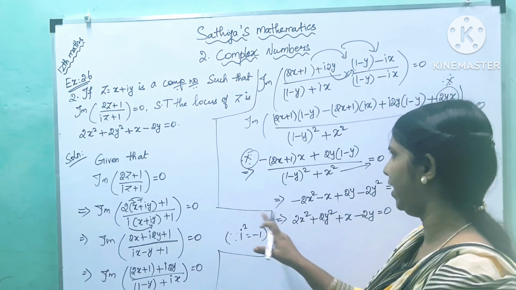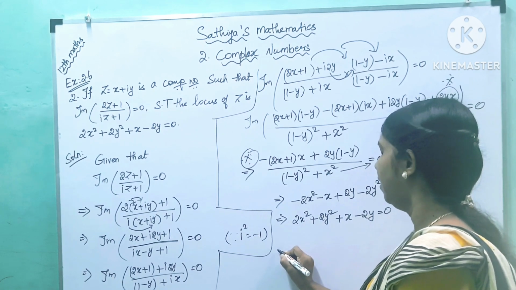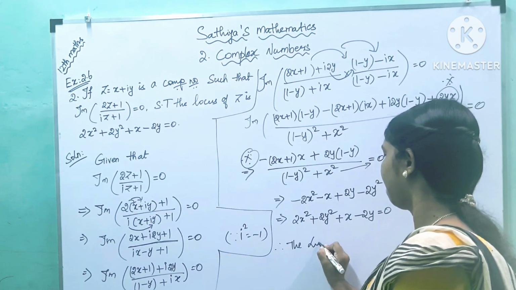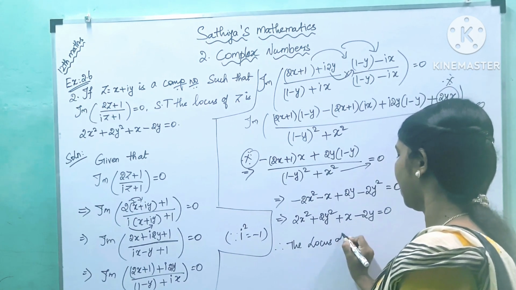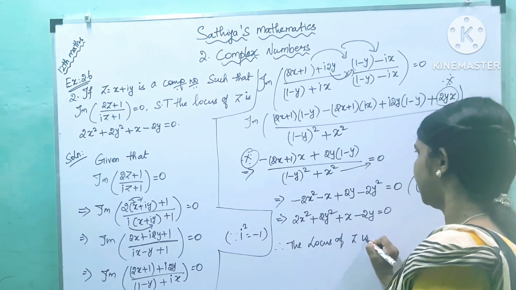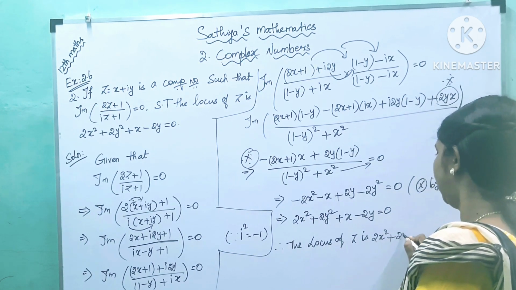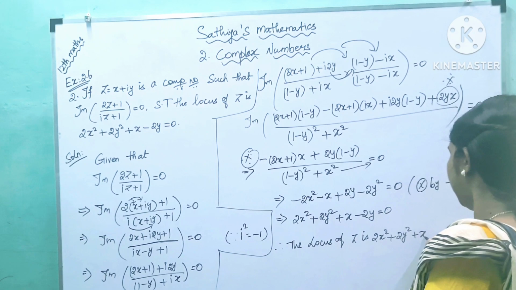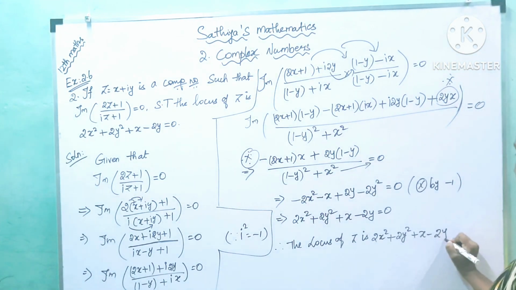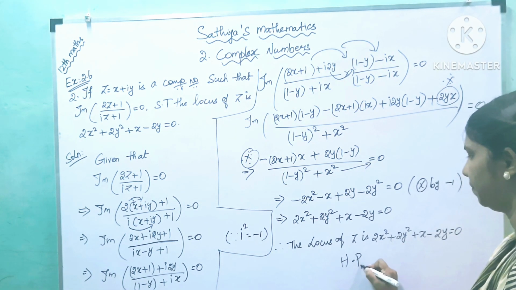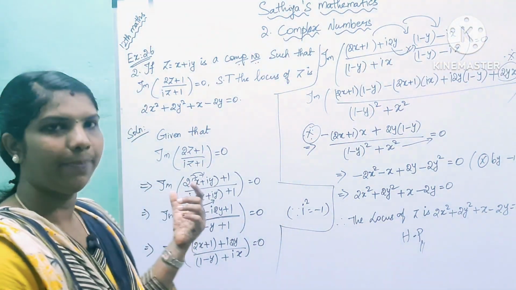So now we have got the required equation. Therefore, the locus of z is 2x square plus 2y square plus x minus 2y is equal to 0. Hence proved.